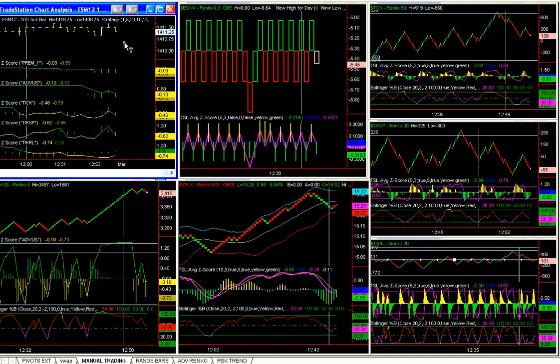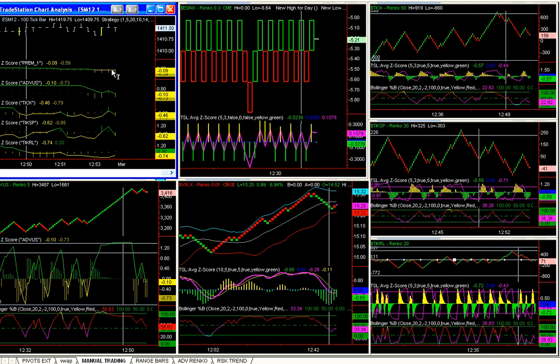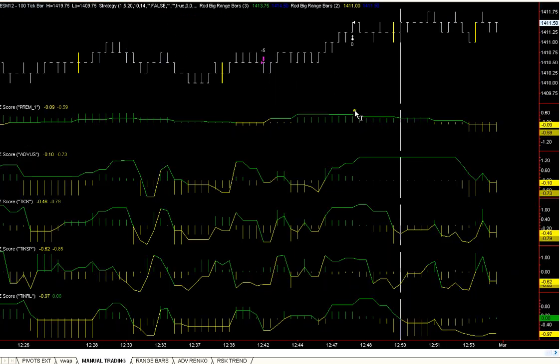However, okay, just a reevaluation of this. We're at 1411.75. The premium is just dropping below the zero line. And we just came off of, let's just look at this. Well, you were pretty high on the AD, not that high, really, not that high on the tick data feeds.